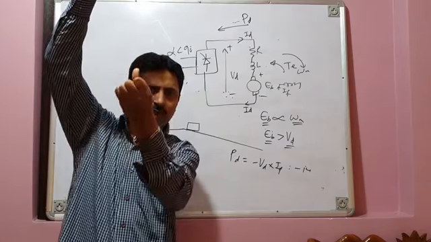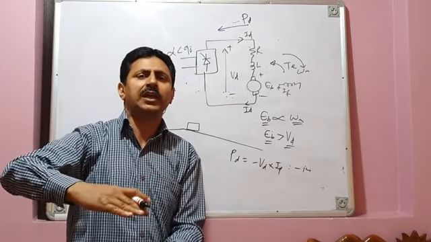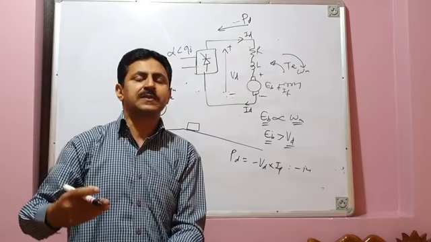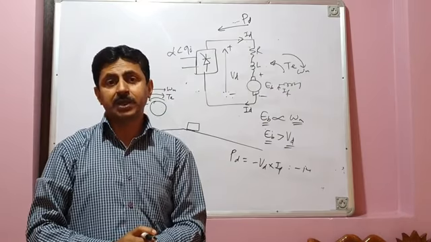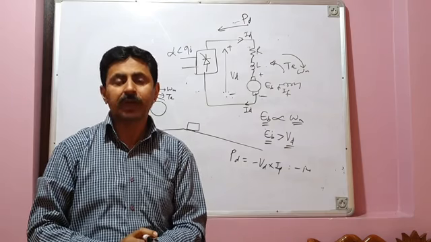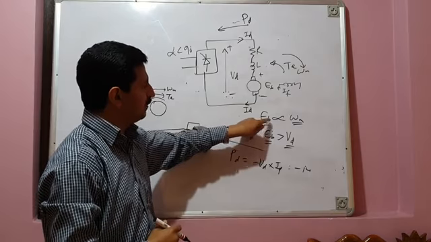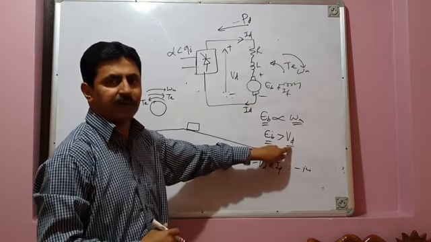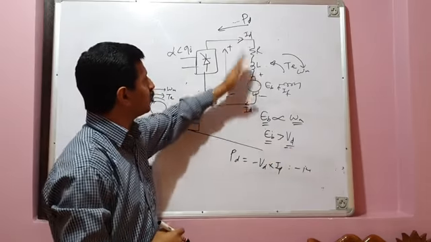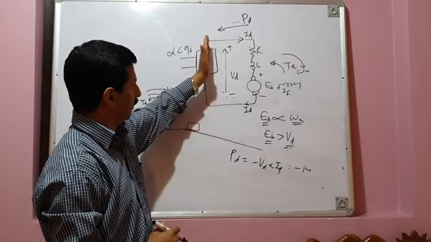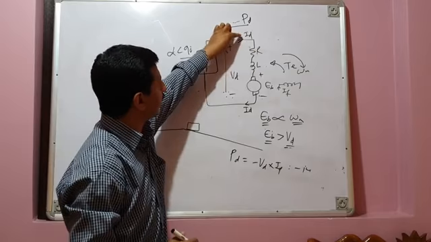Because of the gravity, your hoist is coming down very quickly and your motor overspeeds. Now your motor is operating as a generator, not as a motor. Your machine is operating as a generator and it is generating a voltage EB which is greater than the converter average output voltage, and therefore current should flow from EB to VD, but current direction cannot reverse.